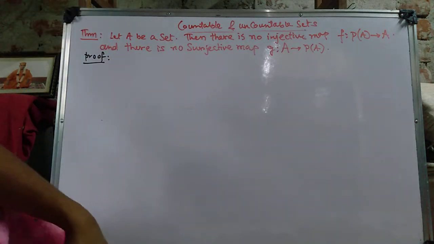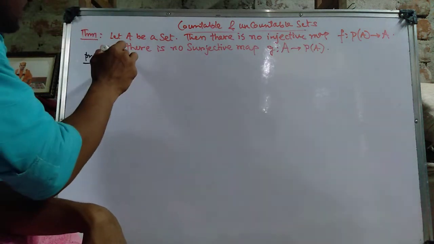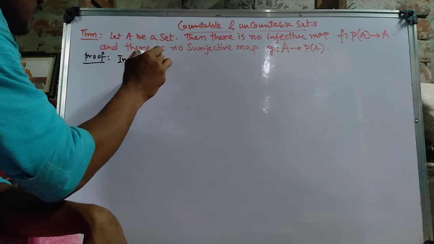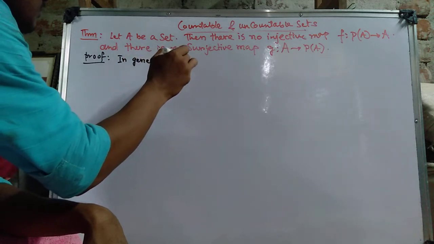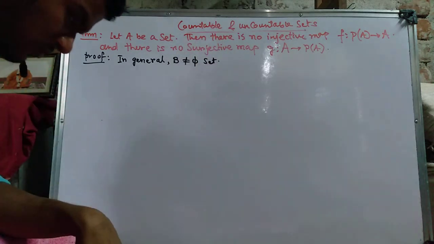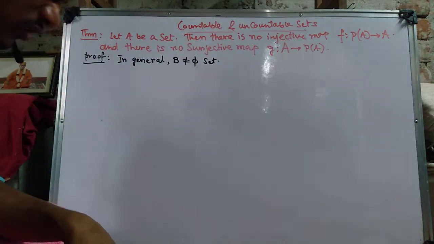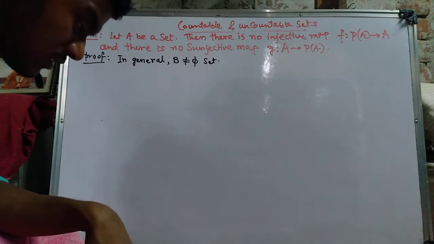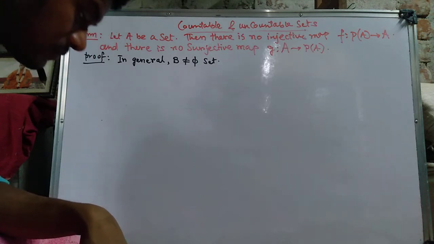In general, if B is a non-empty set, the existence of an injective map implies the existence of a surjective map.